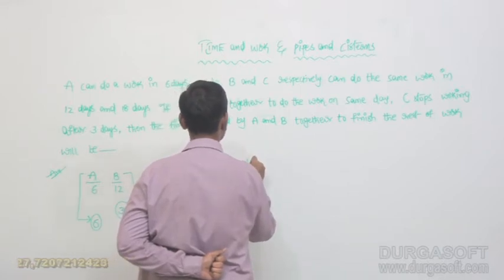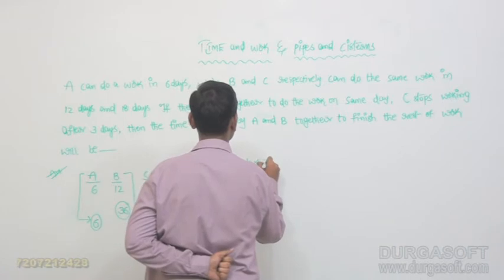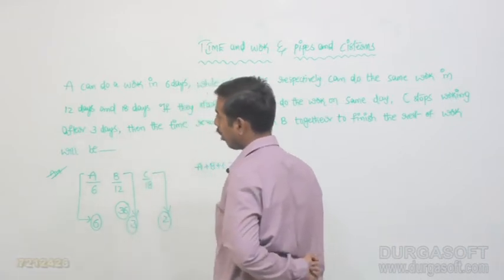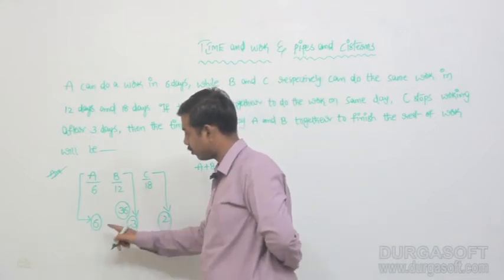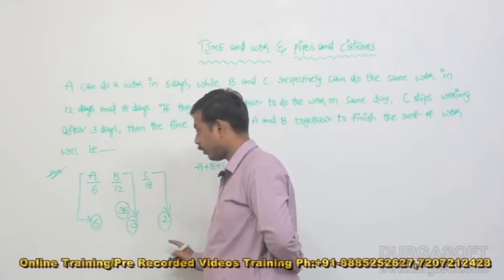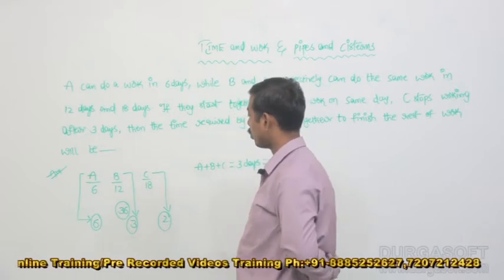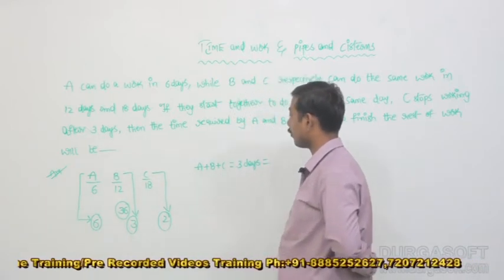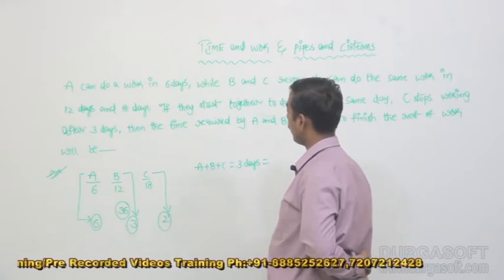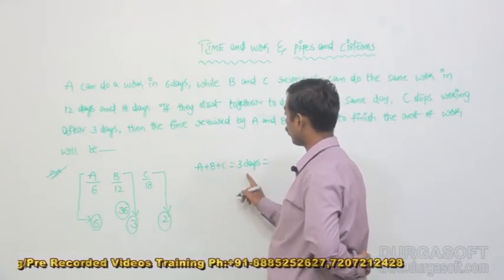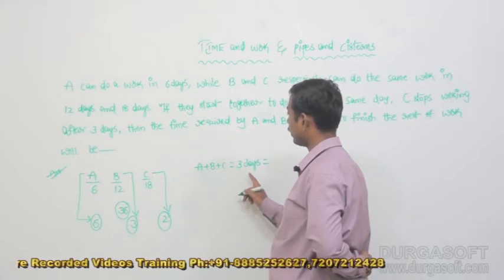All together work for 3 days only into the task. In one day, A 6, B 3, C 2, 6 plus 3 plus 2, total 11 units of work only possible for all the people together. But all the people together work for how many days here?